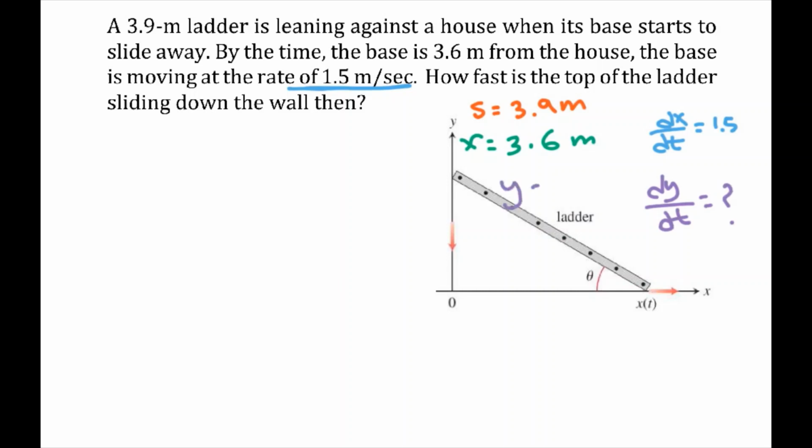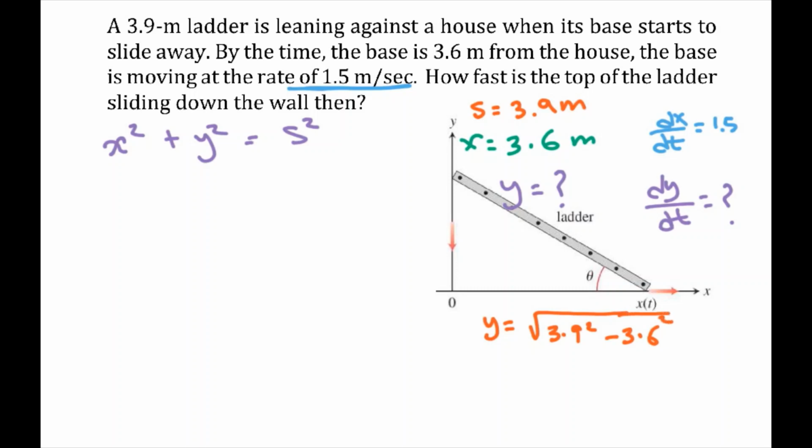I don't have y, remember? Now by using the Pythagorean theorem, we can find y. So y is equal to square root of s squared minus x squared. That's going to be 1.5. So now we go here and differentiate.